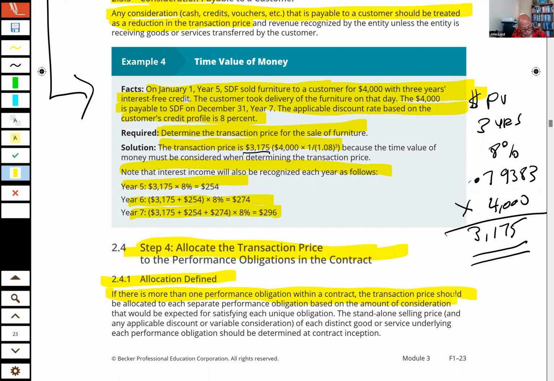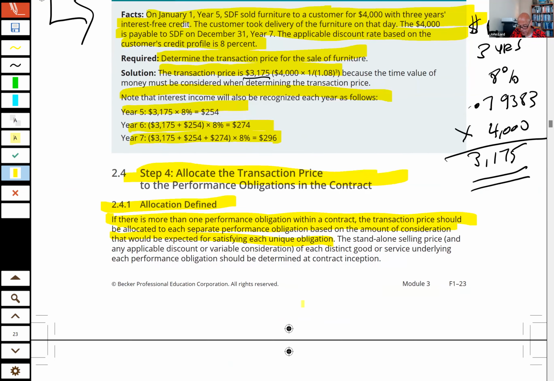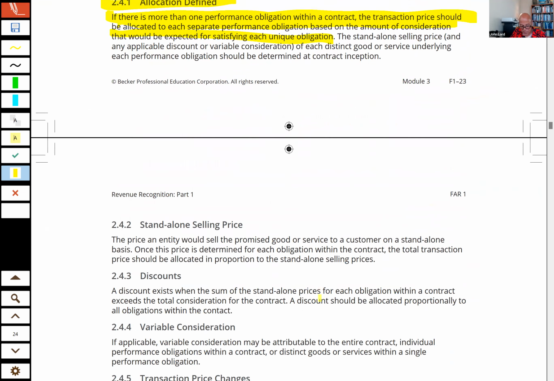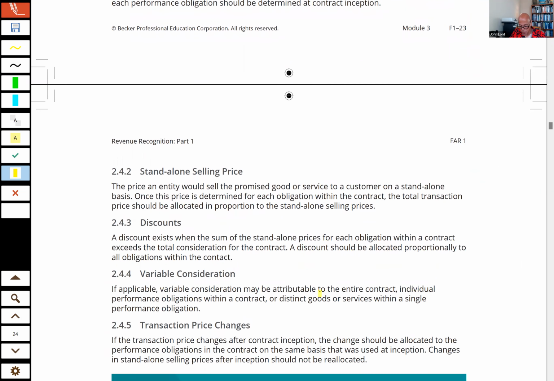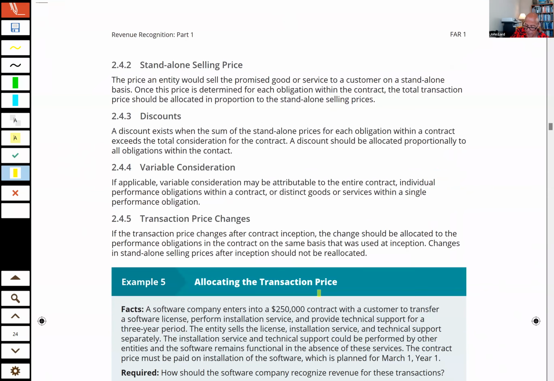Okay, so let's just take a look. And I think this is a very good example here of how I could see them giving you a set of facts, maybe even in a task-based simulation, and expecting you to be able to allocate the price to the various performance obligations.